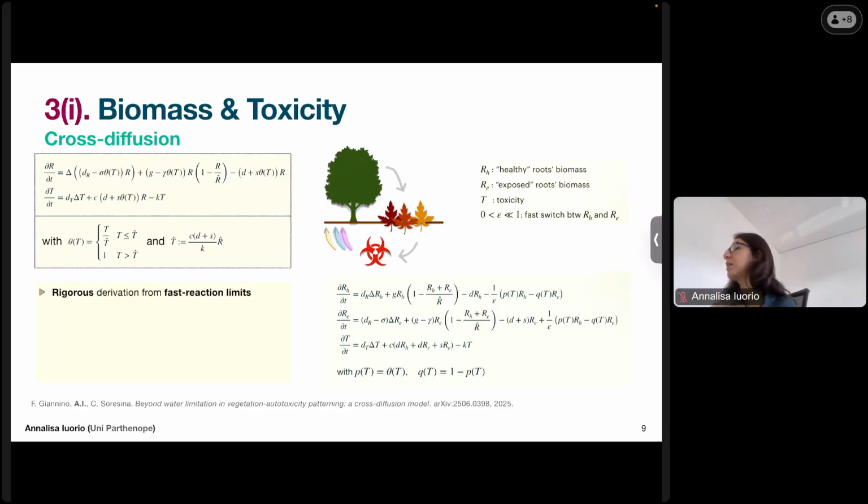So when they meet toxicity, they become, from healthy, exposed, and after a while, when there is no toxicity in the surroundings, they get back to being healthy. And you have to think that this type of strategy was first introduced in the context of population dynamics between prey and predators, to mimic the fact that in that case, prey enter a sort of excited or scared state when they are around predators.